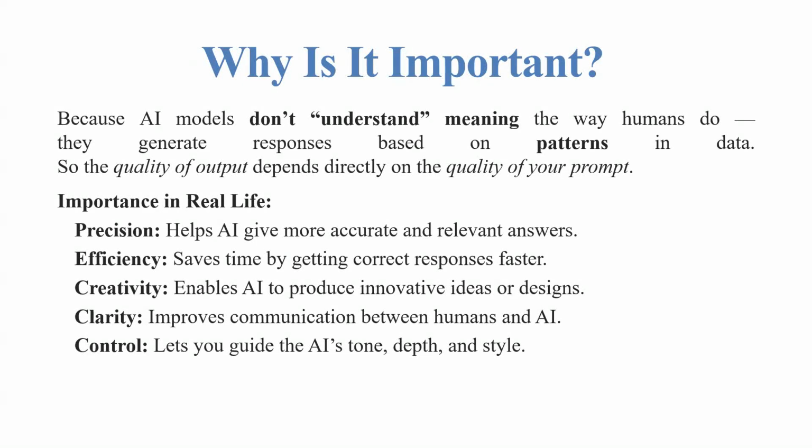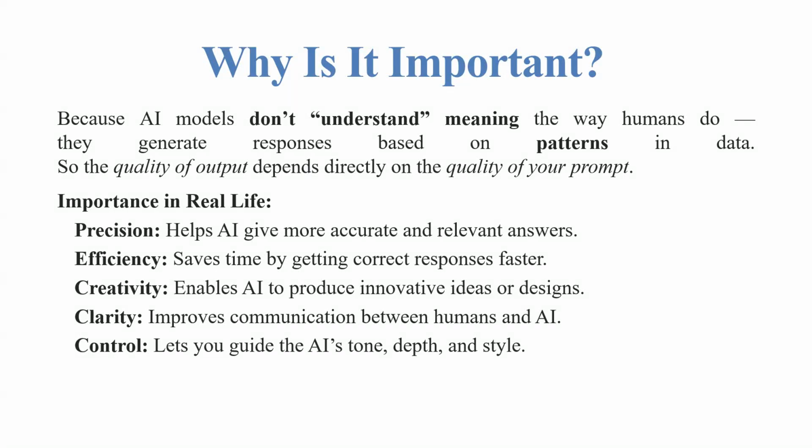Why is prompt engineering so important? Many people think that AI systems like ChatGPT understand language exactly the way humans do. But that's actually not true. AI doesn't think, understand emotions, or use common sense the way humans do. Instead, AI generates responses by recognizing patterns from the massive amount of data it was trained on.